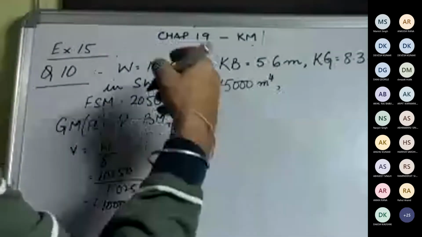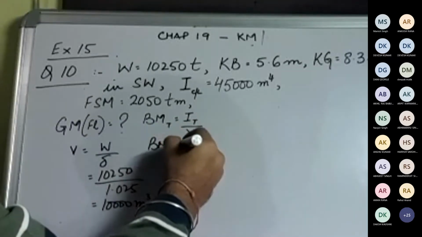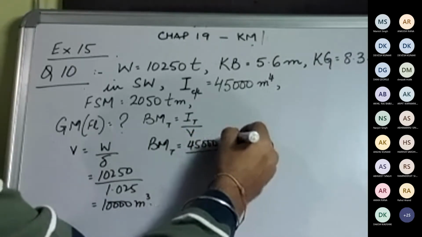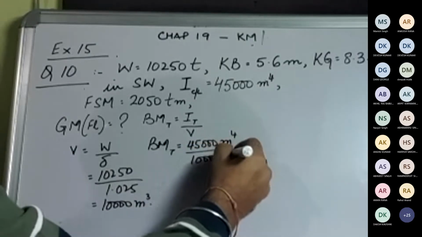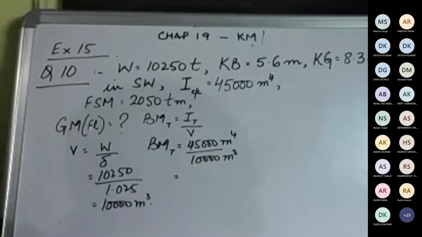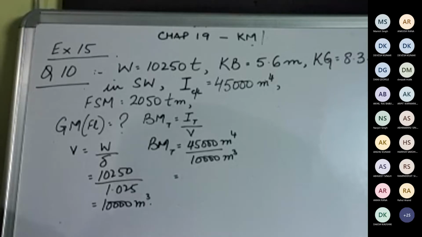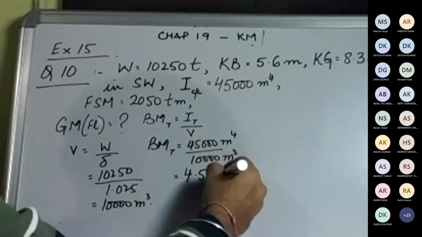Okay. I is given to me already. So calculate BMT. 45,000 M4 divided by 10,000 cubes. How much? 4.5.